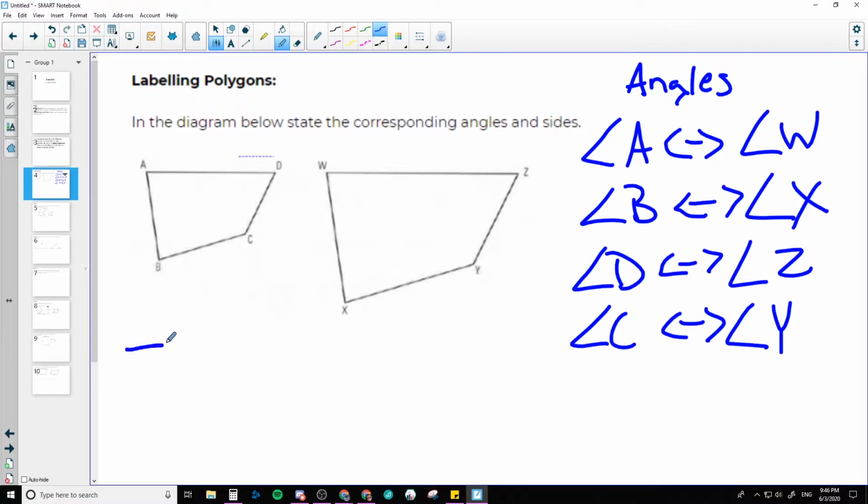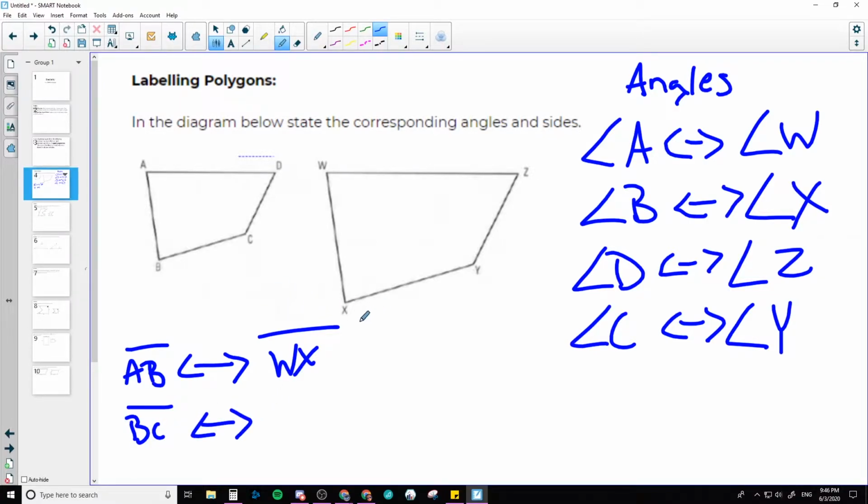We write it as side AB corresponds with side WX. Okay, side BC corresponds with side XY. Side AD corresponds with side WZ.